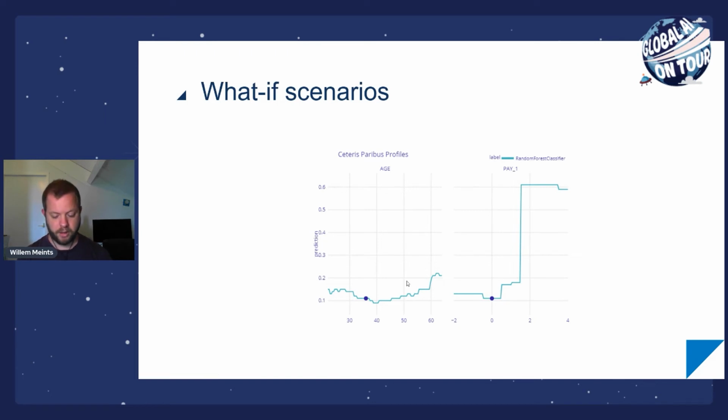Remember, at first, when we looked at the model structure, we discovered that the payment status for the first month was actually the one that's the most important to the model. So when you start looking at the prediction level, sometimes this might change a little bit, but don't expect much difference for the age column if that wasn't important in the first explainer. So it's really narrowing it down in this case.